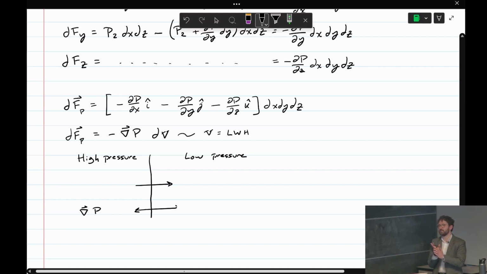The gradient tells us the direction of change. But if you have a high pressure and a low pressure, you know the force intuitively is going to be the opposite direction. The high pressure is going to push on the low pressure. So this will be FP. So that's the reason for the negative sign. That's the intuitive reason, but it came actually directly out of our analysis on a differential element.